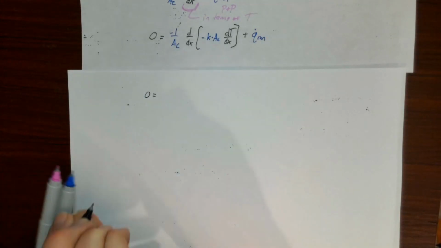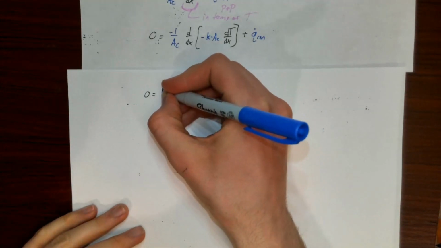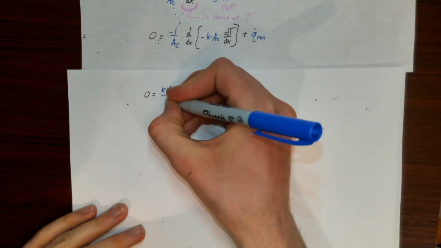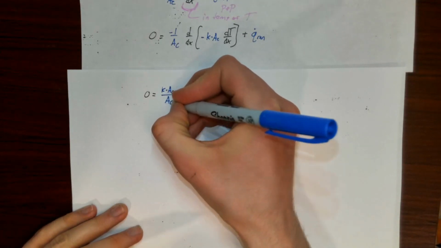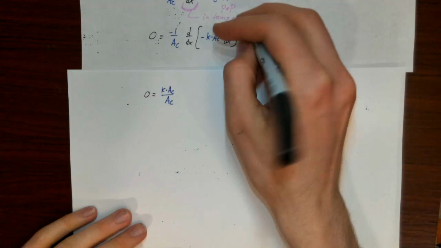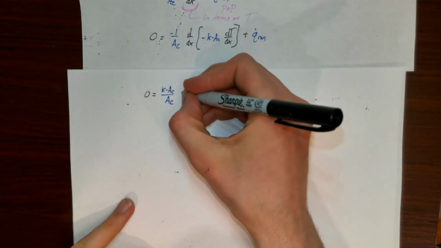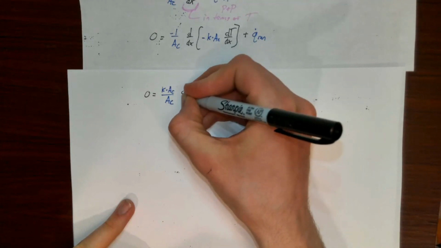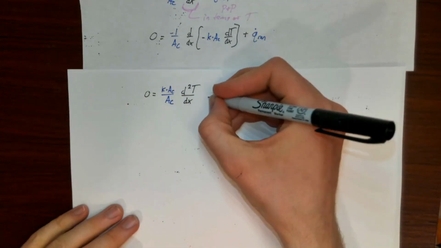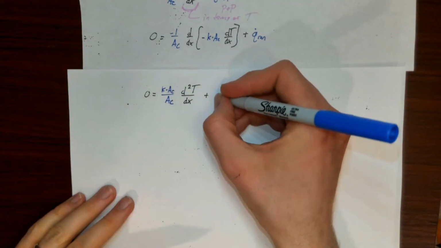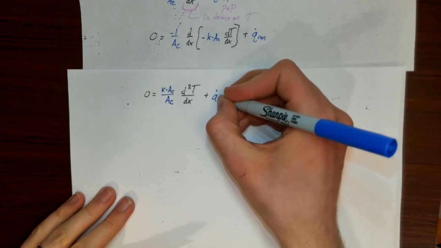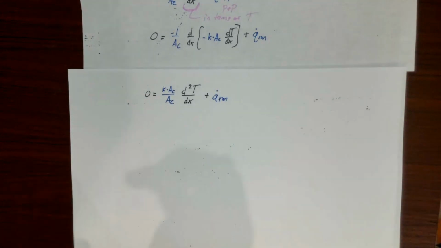I'm left with 0 is equal to k times AC over AC, and if I pull these out, then I have a second derivative of temperature, and I have my plus Q dot reaction. Of course, these ACs basically cancel out.